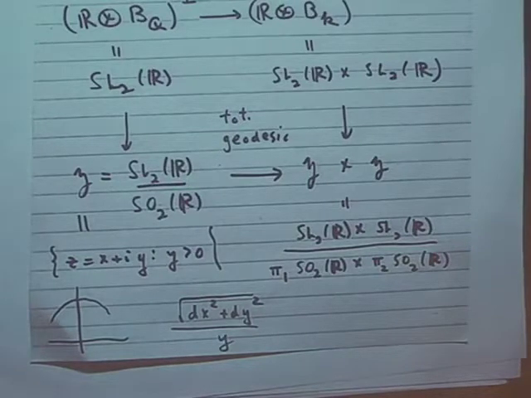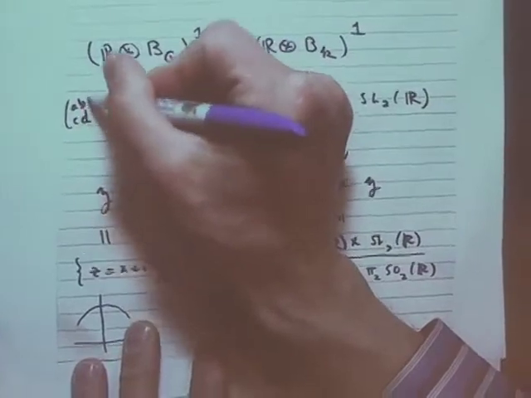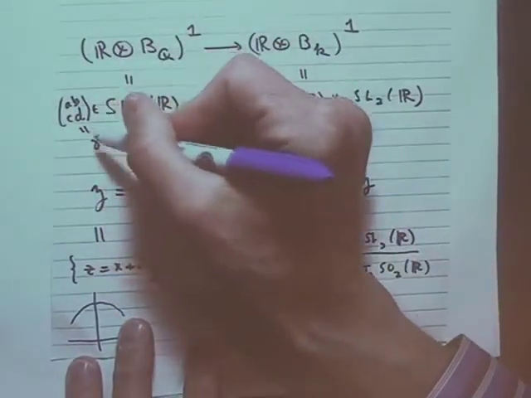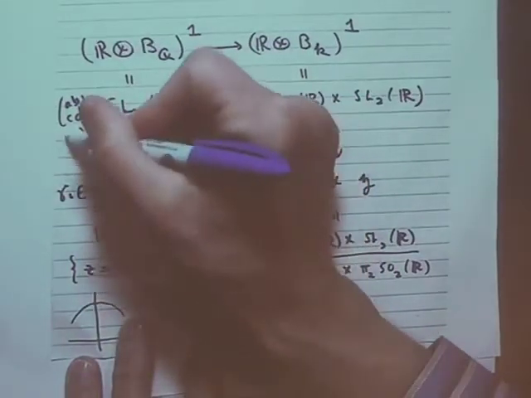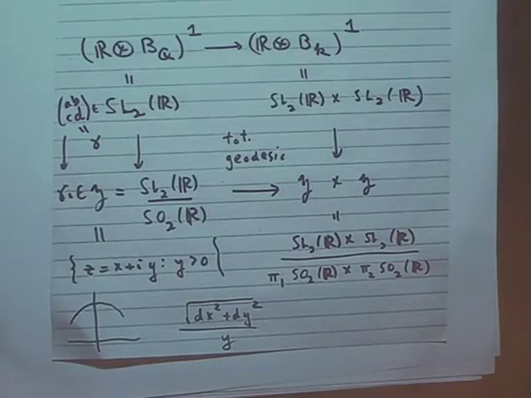I don't want to complicate my slide too much, but you just take a matrix, say gamma, and let it act on i by fractional linear transformations. That's the same thing as looking at the coset of your original matrix with respect to the stabilizer of i, which is SO2.